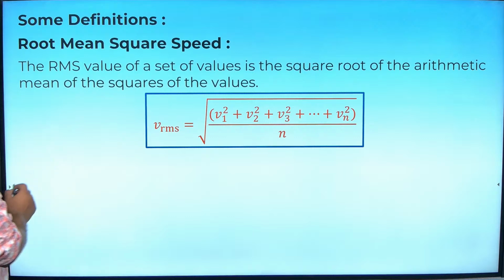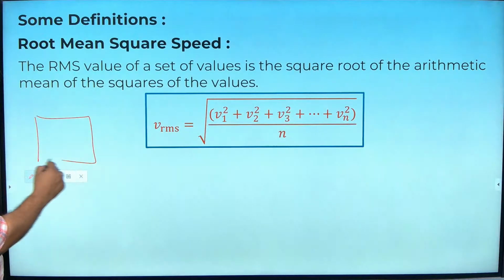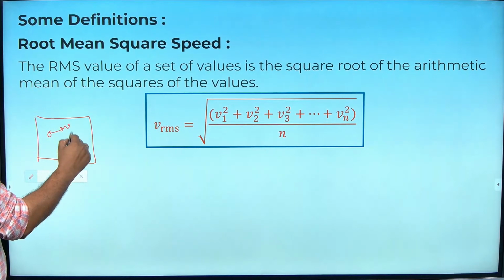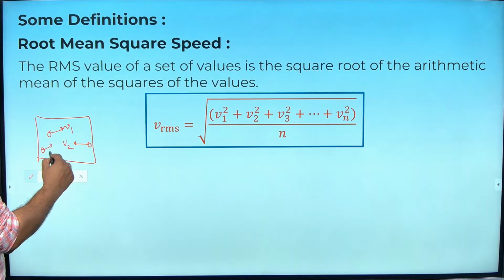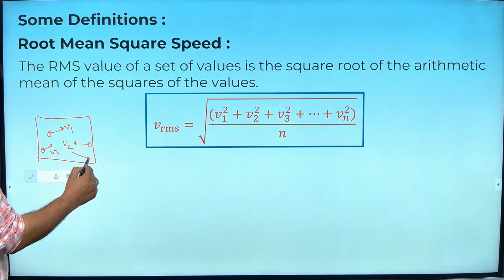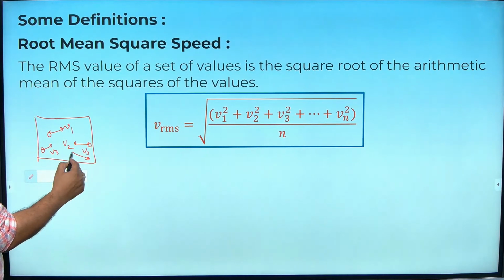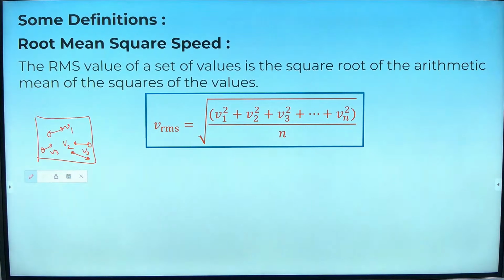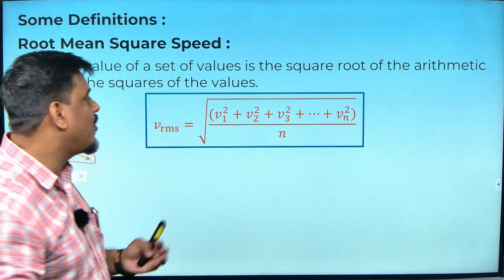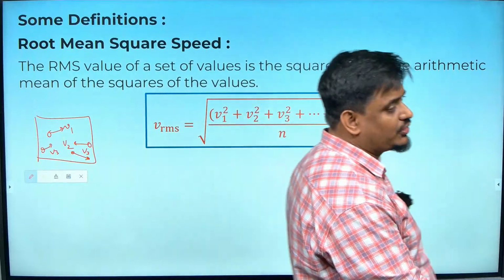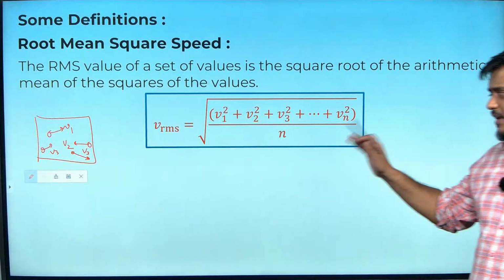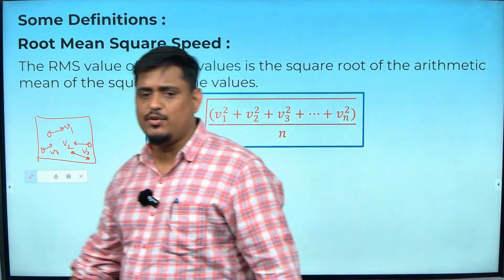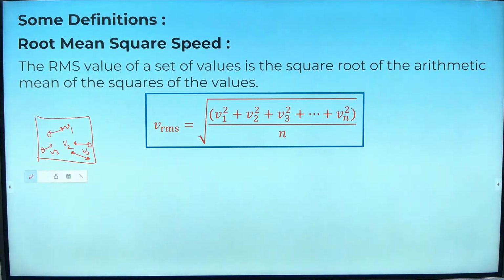It means that if you have gas molecules moving with velocity v1 here, with velocity v2, another molecule moving with velocity v3, and if you want to find the RMS velocity, root mean square velocity, then it is the square root of the mean of the squares of velocities of individual molecules. So v1 square plus v2 square plus v3 square plus vn square by n, root over, is going to give you RMS velocity of gases.